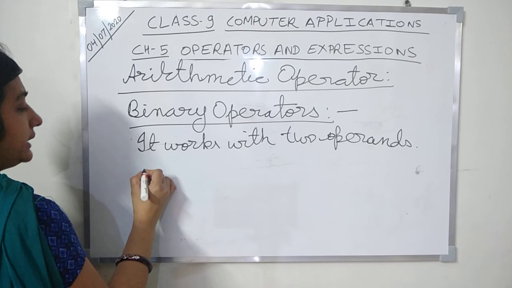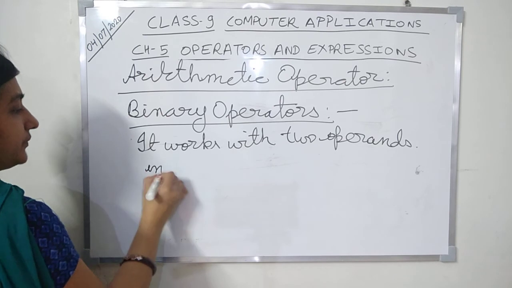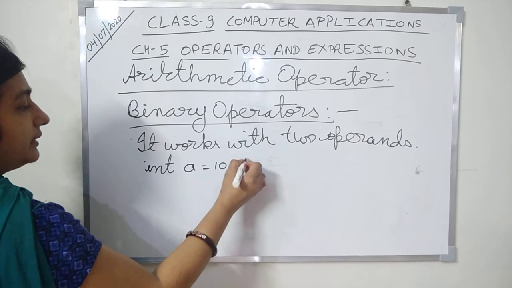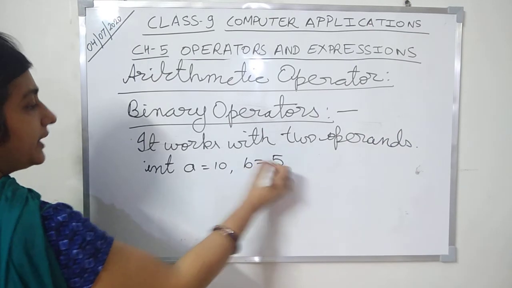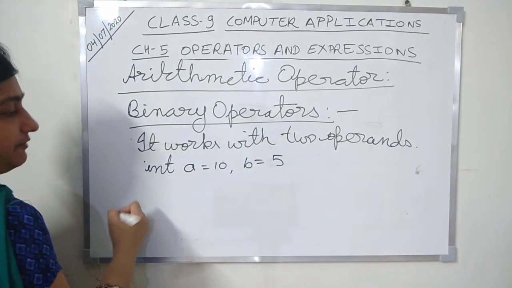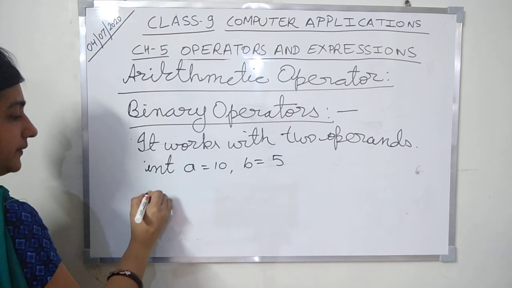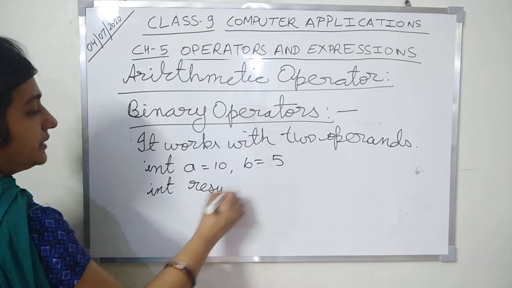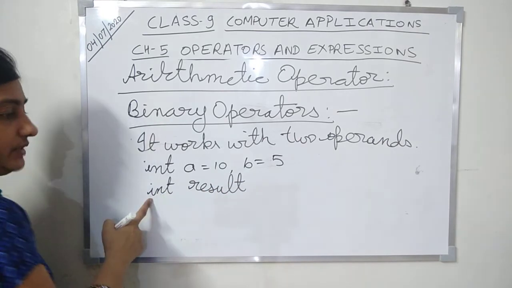suppose A is a number, int A equals 10 and B equals 5. In that case, if I produce the result, int result, this is of integer type.